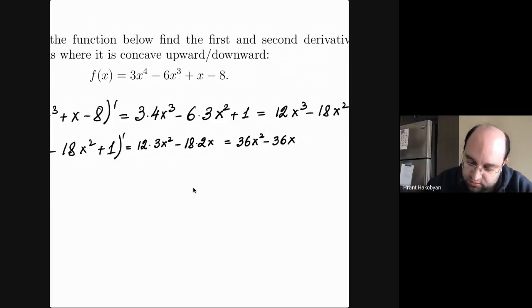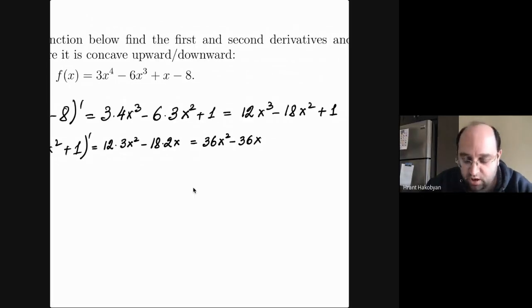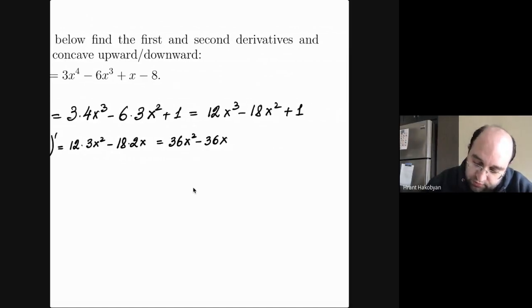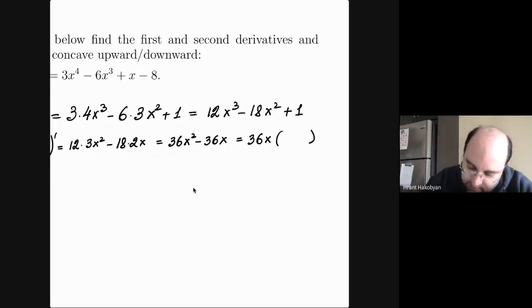Okay, so I can factor some things out because I need to figure out where the second derivative is positive or negative. So I want to simplify the answer. So this is going to be equal to 36x, right? If I factor it out, 36x from this one here gives me 1.